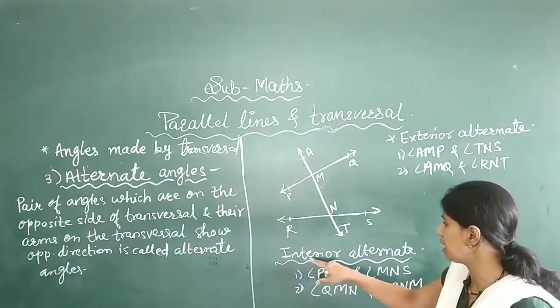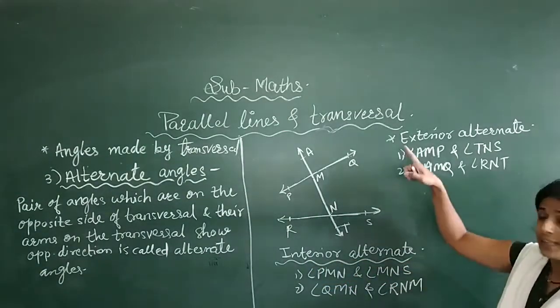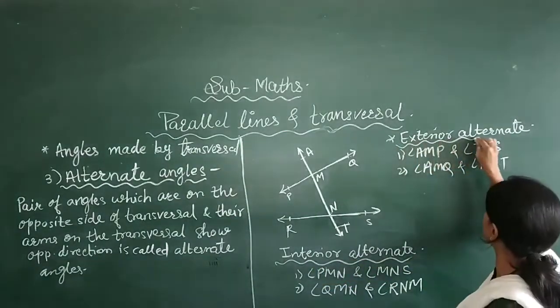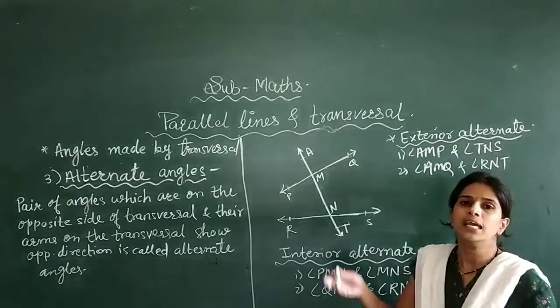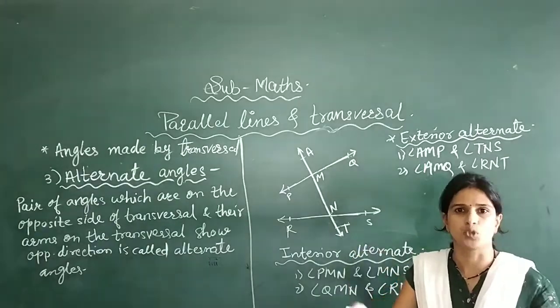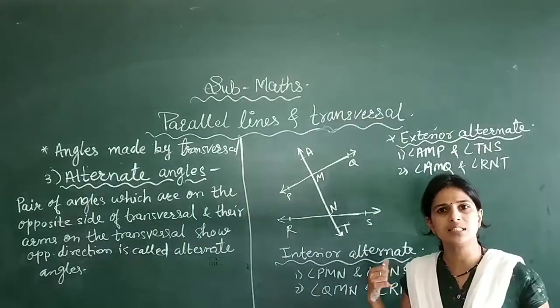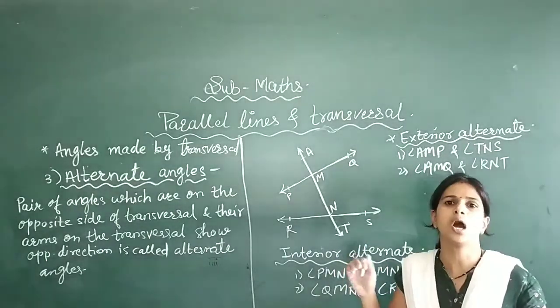The first one is interior alternate angle, and the second one is exterior alternate angle. Interior alternate means inside but opposite, and exterior means outside but opposite.